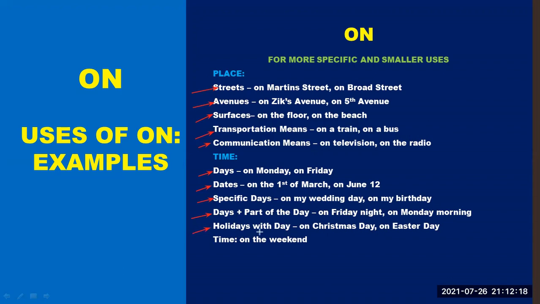Then holidays with day attached to it. For instance, on Christmas Day, on Easter Day. Then some specific time that is being referred to, on the weekend, all right? On the weekend. Okay, so these are the uses of on, all right? So let's now look at the third major preposition before we look at others, all right?